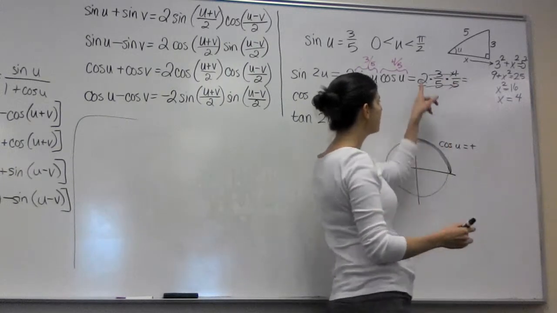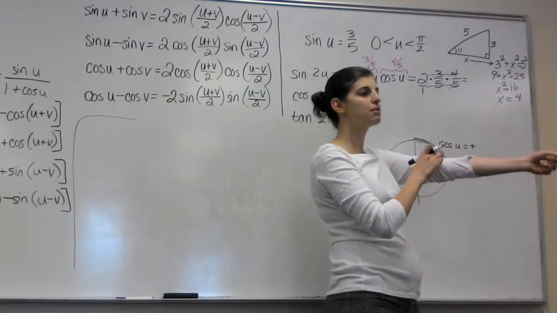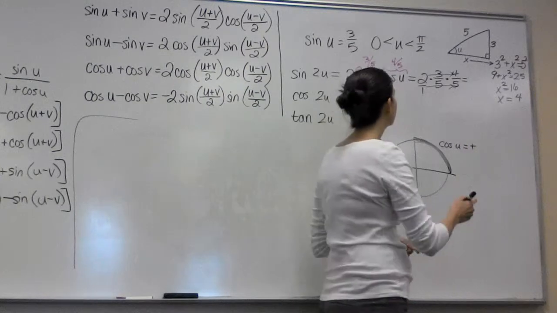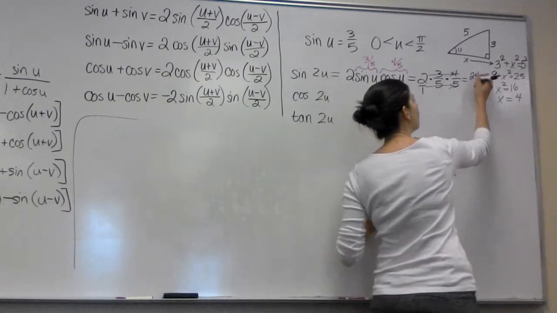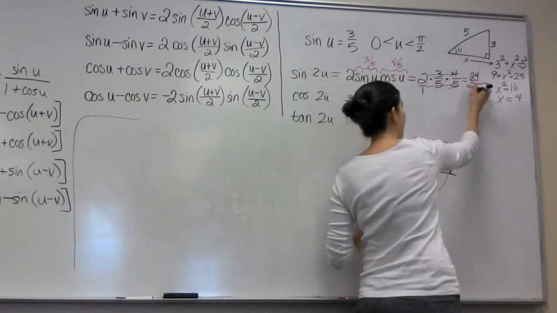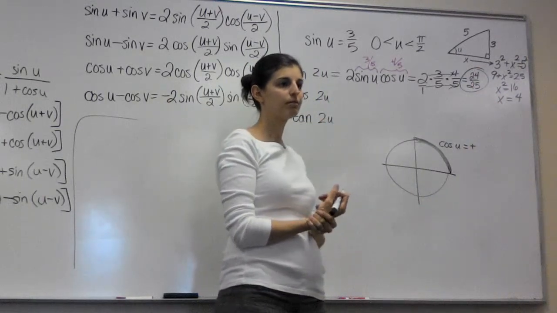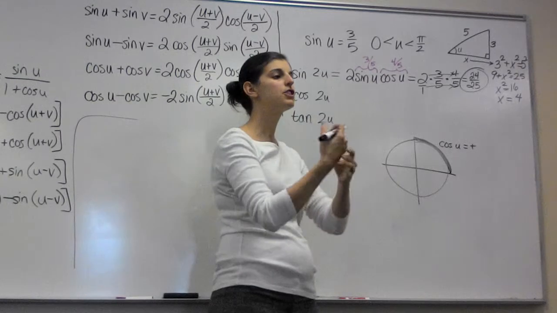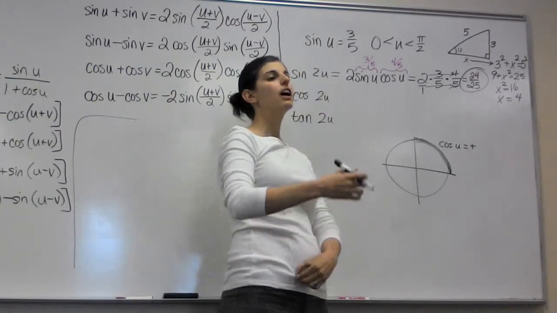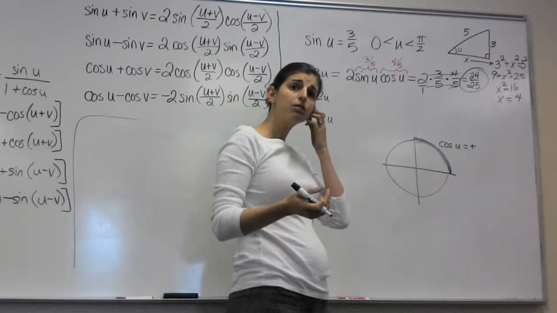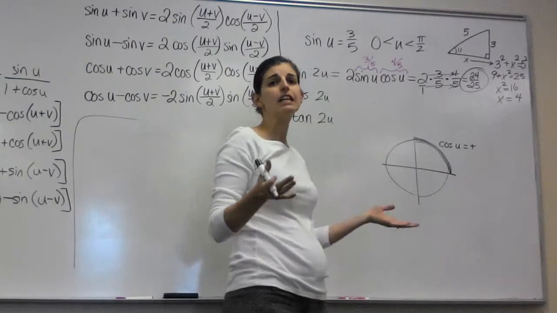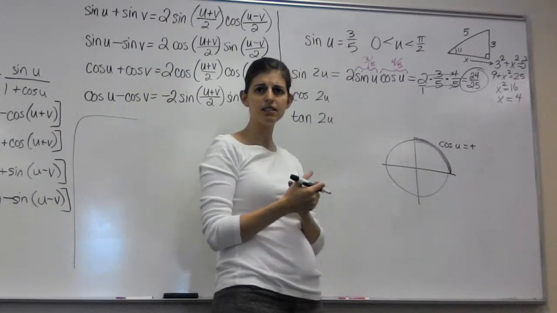So that's going to give me 2 times 3 times 4, which gives me 24 over 25. And that is the sine of 2u. We started with the formula for sine of 2u, and then we worked with what we need to find this. Does that make sense?